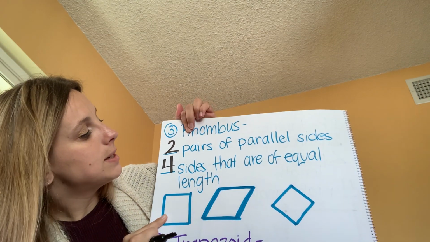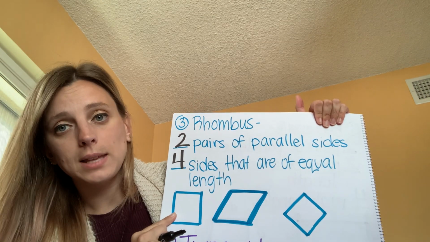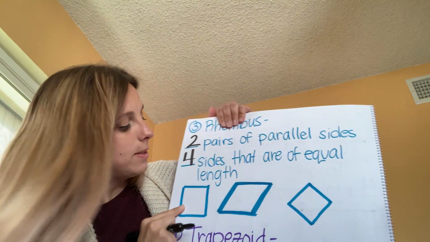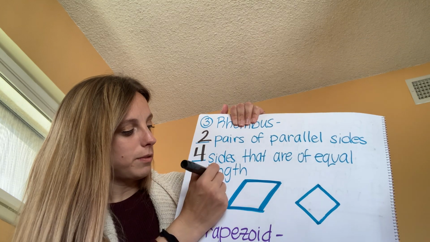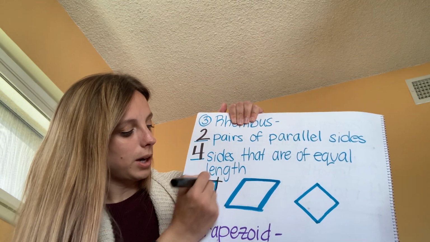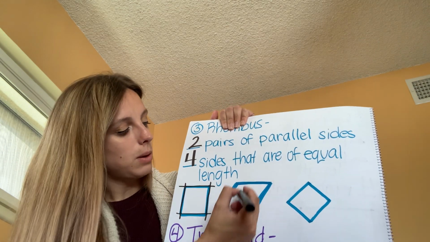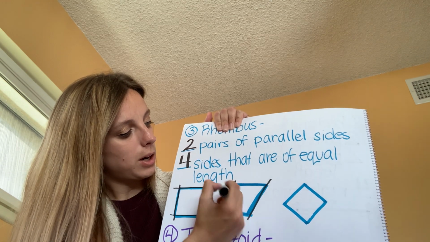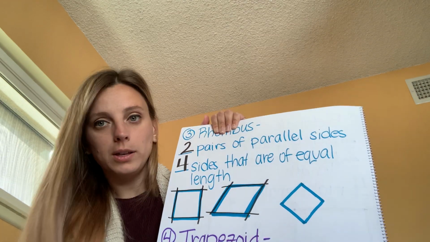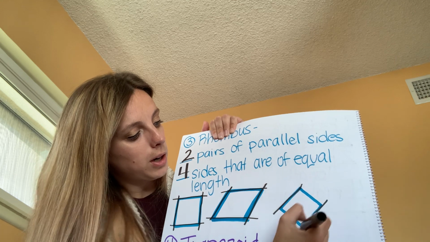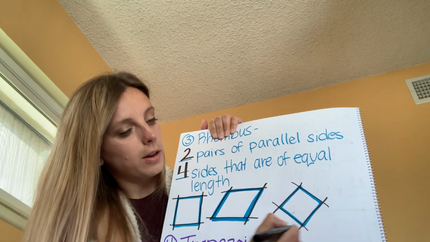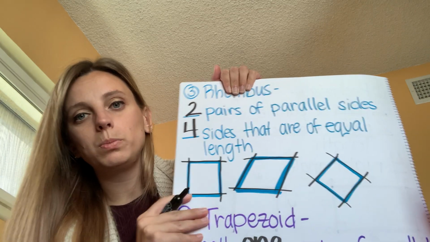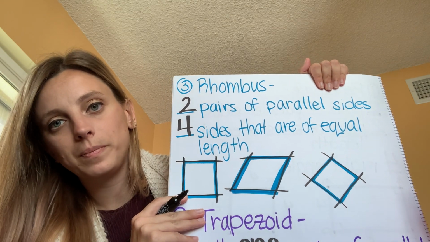So a rhombus is defined as having 2 pairs of parallel sides. So like a rectangle and a square, they do still have 2 pairs of parallel sides. So 1 pair here and 1 pair here on this shape, 1 pair here and 1 pair here on this shape, 1 pair here and 1 pair here on this shape. They're all made up of 2 pairs of parallel lines.